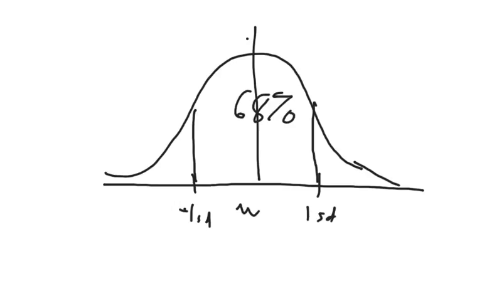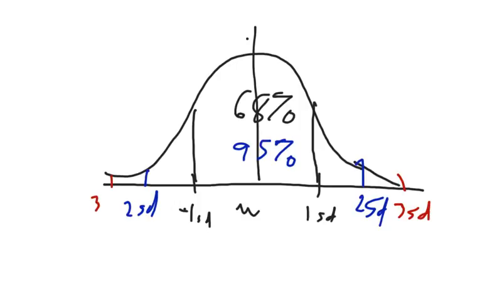Now, if I go out another standard deviation in each way, so that's 2 standard deviations, 95% of the data is in between 2 standard deviations. And if I happen to go out a third standard deviation, we will have 99.7% of our data in between 3 standard deviations.